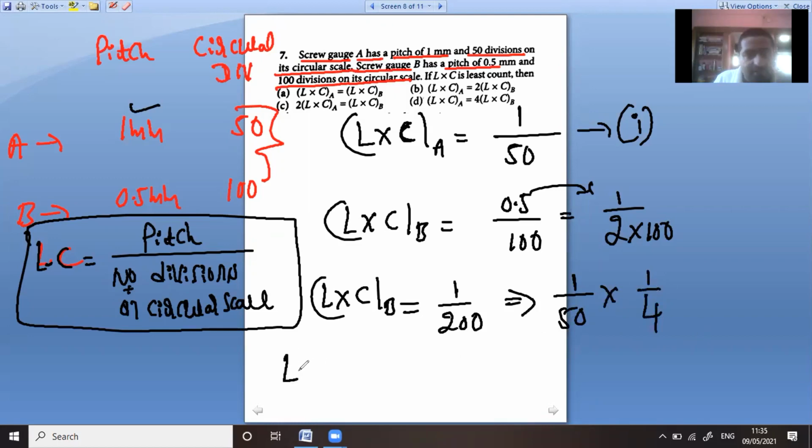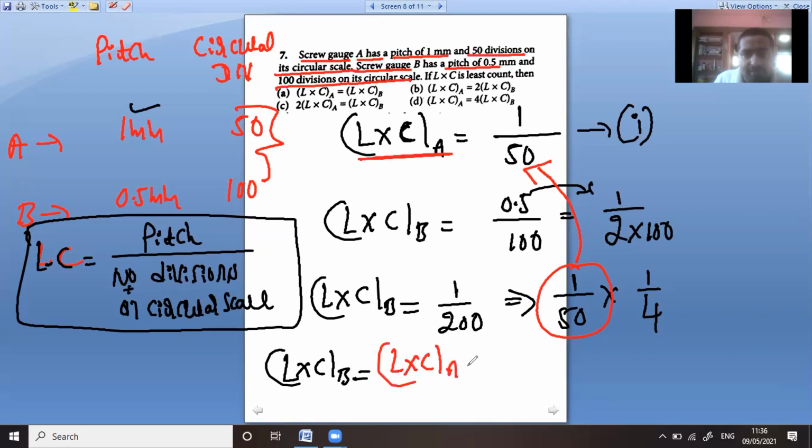So the least count of B is equal to the least count of A divided by 4.